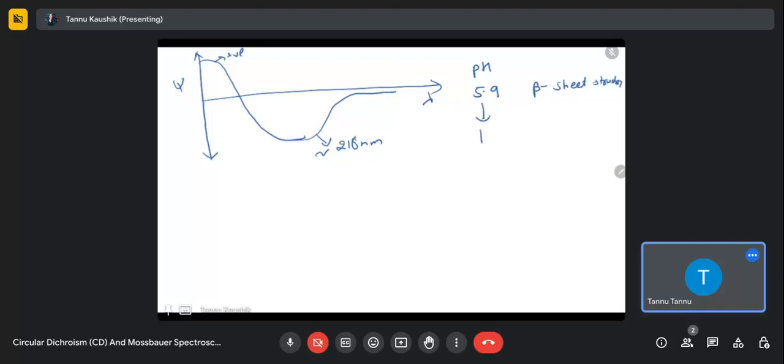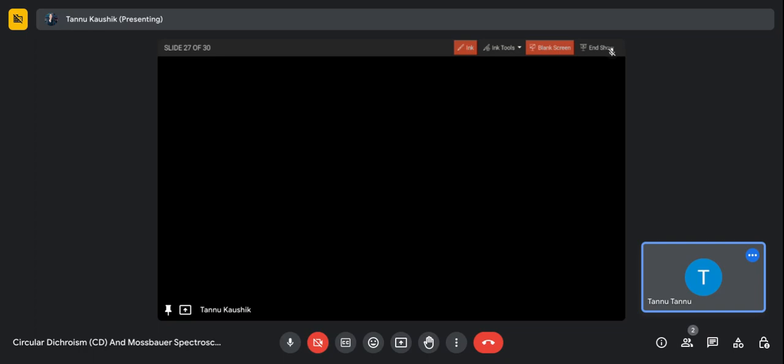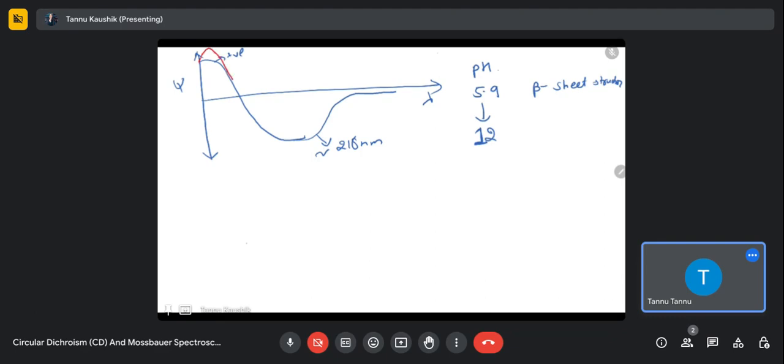But if this pH is increased, that is, if we move into a more alkaline pH, this spectra changes to this, that is, two new bands appear in the negative region.